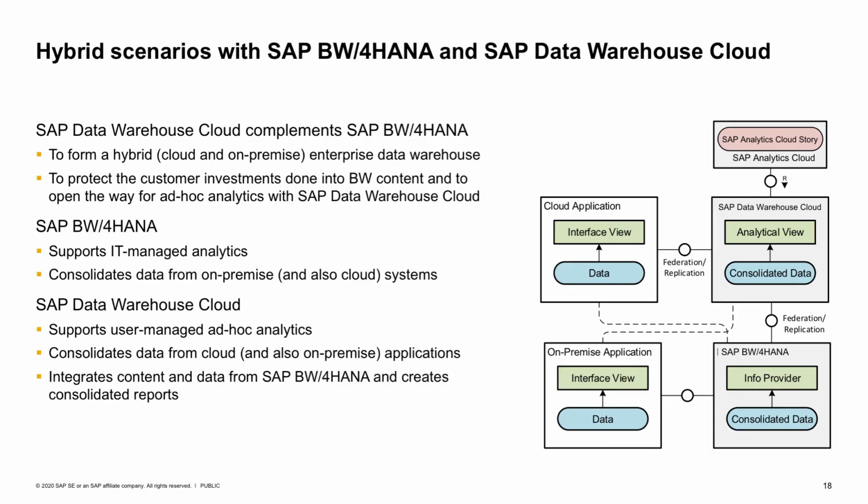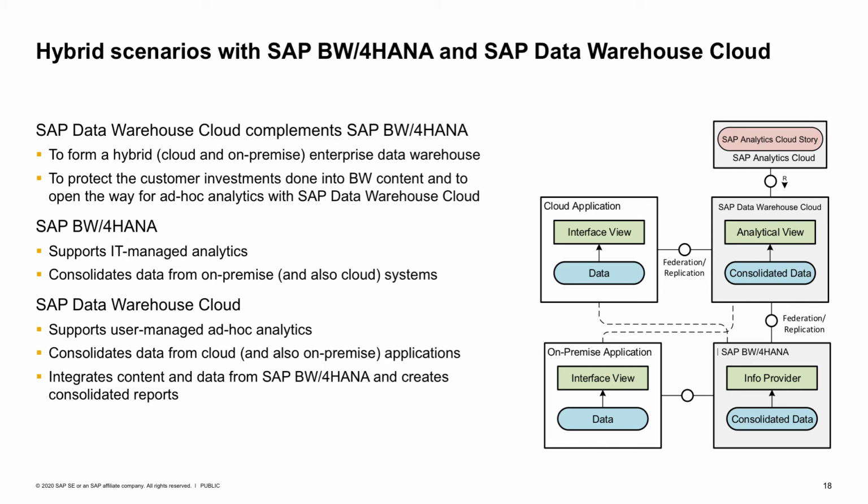So the idea is that SAP BW supports IT managed analytics for our complex and often used optimized data reports. And primarily it is intended for consolidating data from on-premise systems.